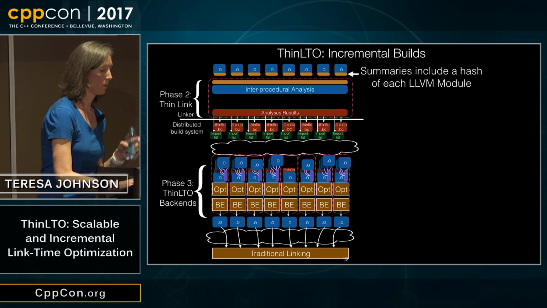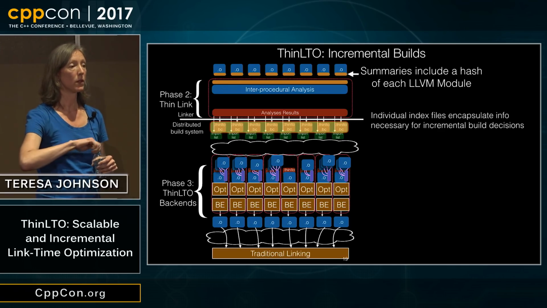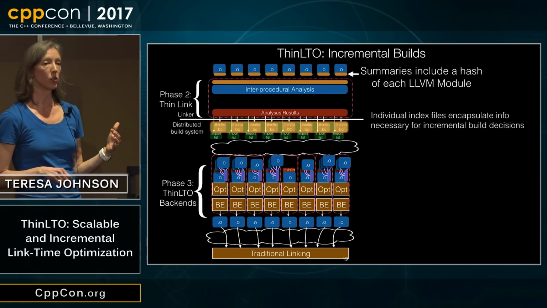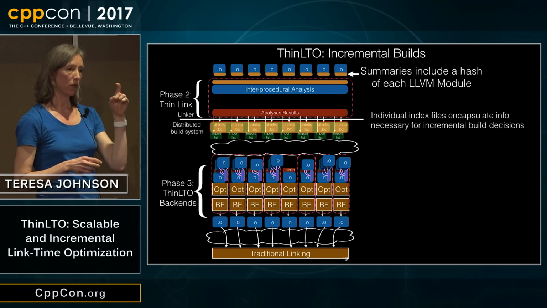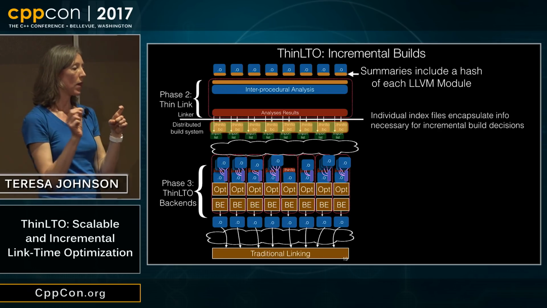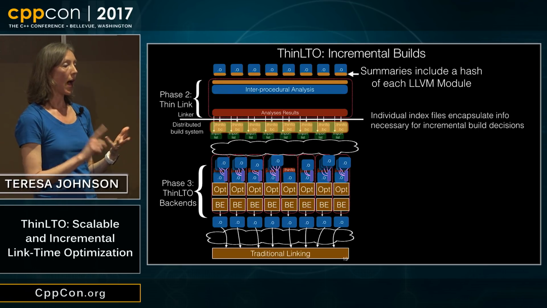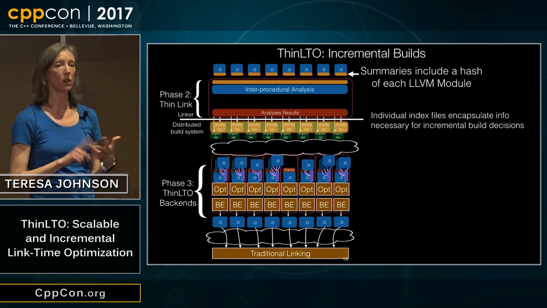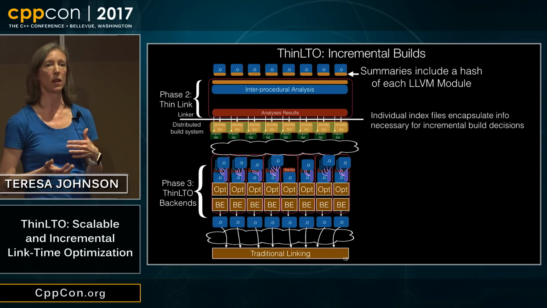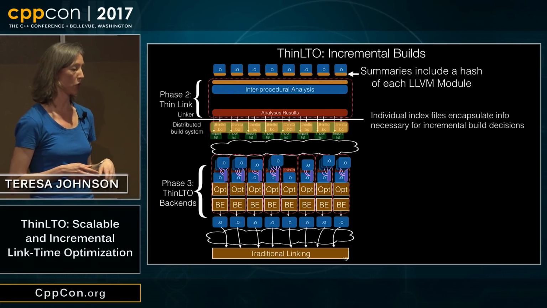So what we can do with that is that when we generate the analysis results for each module, we basically include the hash of that module as well as the hash of any module it imports from. So now each of these analysis results encapsulates the hashes of any module that affects it and all of the analysis results that affect it. And it encapsulates essentially all the information you need to make an incremental build decision about that particular LTO backend.